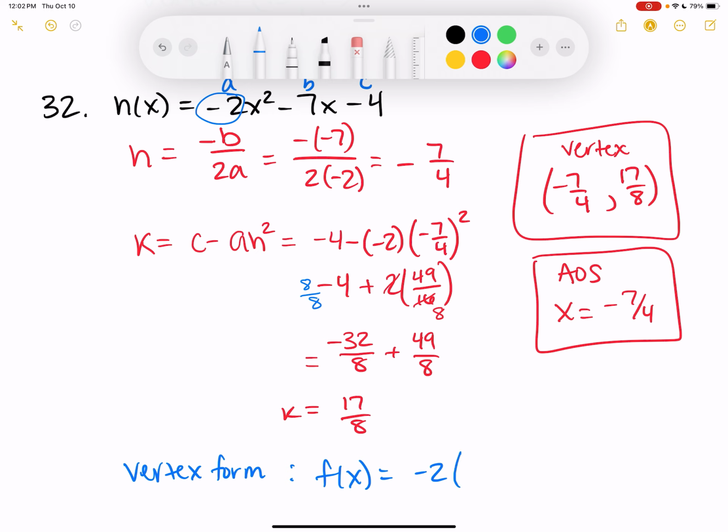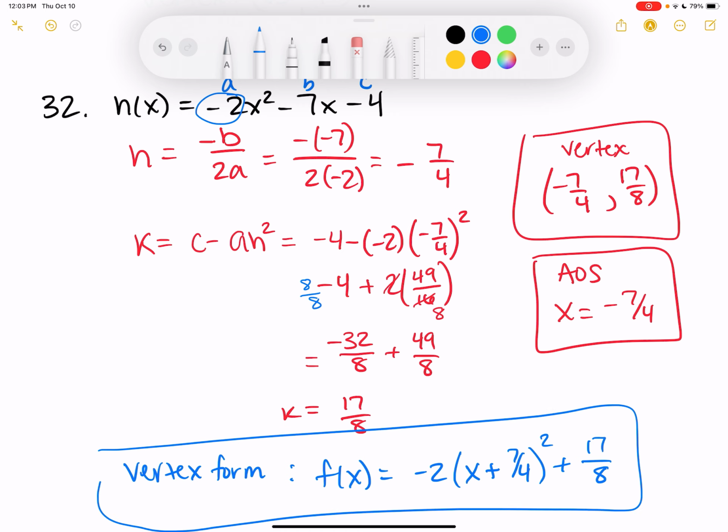In parentheses, x minus negative 7 over 4, so x plus 7 over 4. Well, it would be minus, but this is a negative, so it's going to be plus 7 over 4. Then what? Squared. Square it. Now what? Plus 17 over 8. Yep. So this would then be in vertex form for that equation.